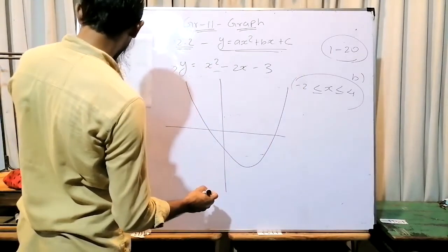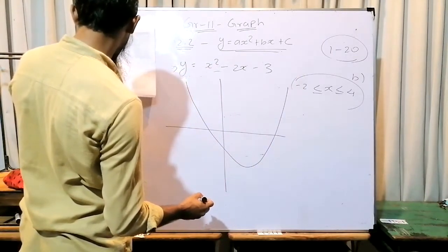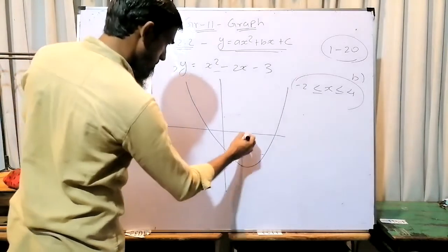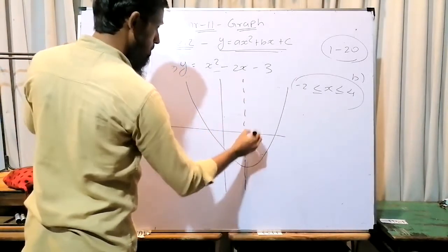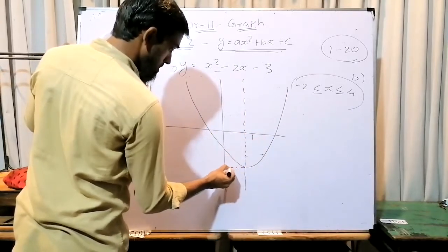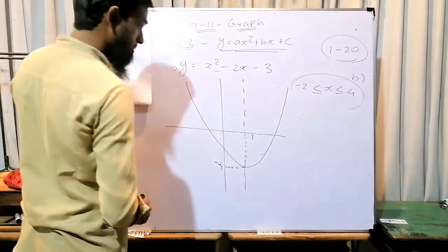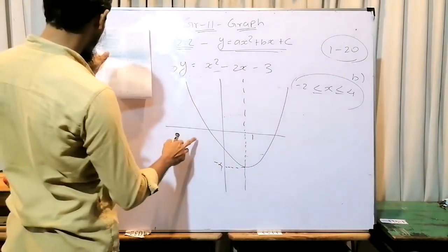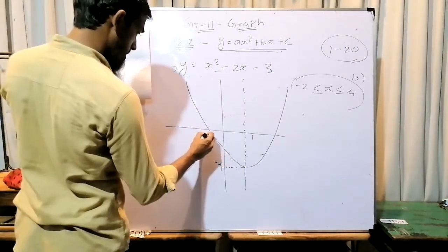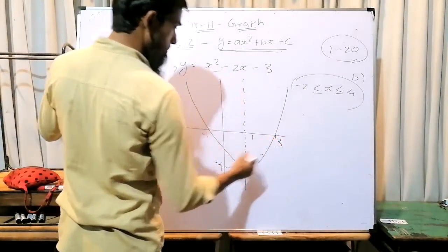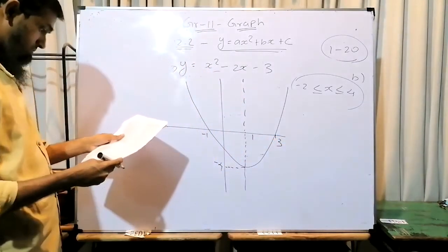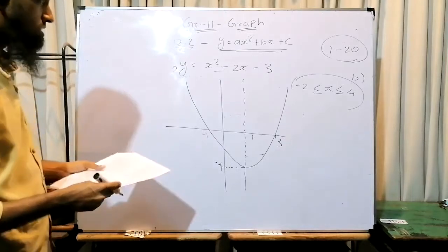The turning point of the graph is -4 and 1. The symmetry axis passes through 1. This one is -4. The intersecting points are -1 and 3. Okay, this is your graph.